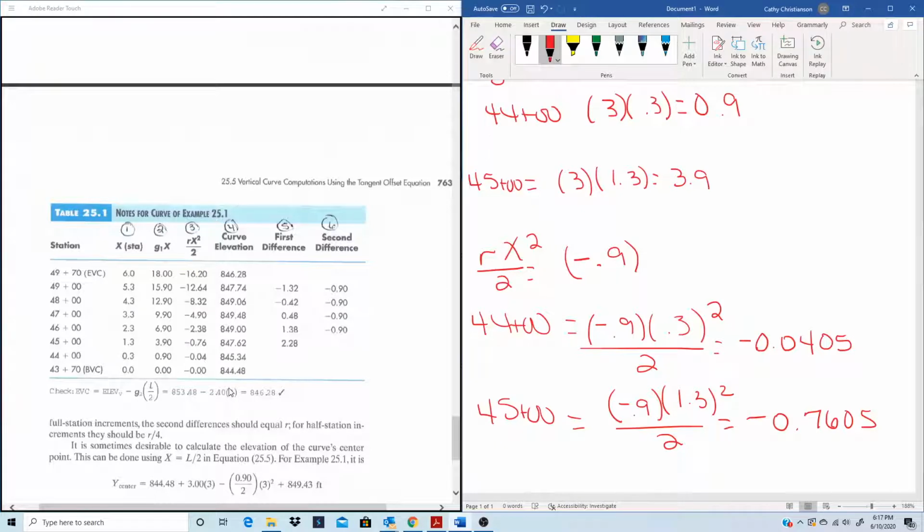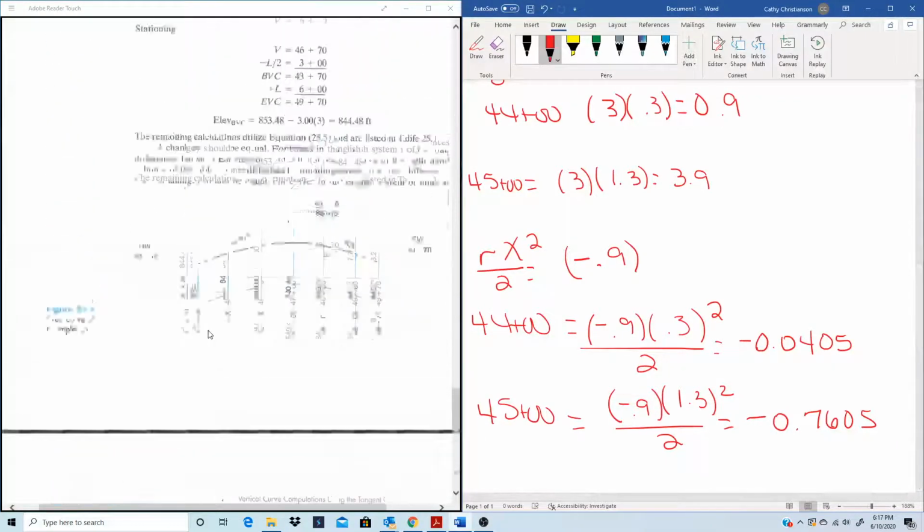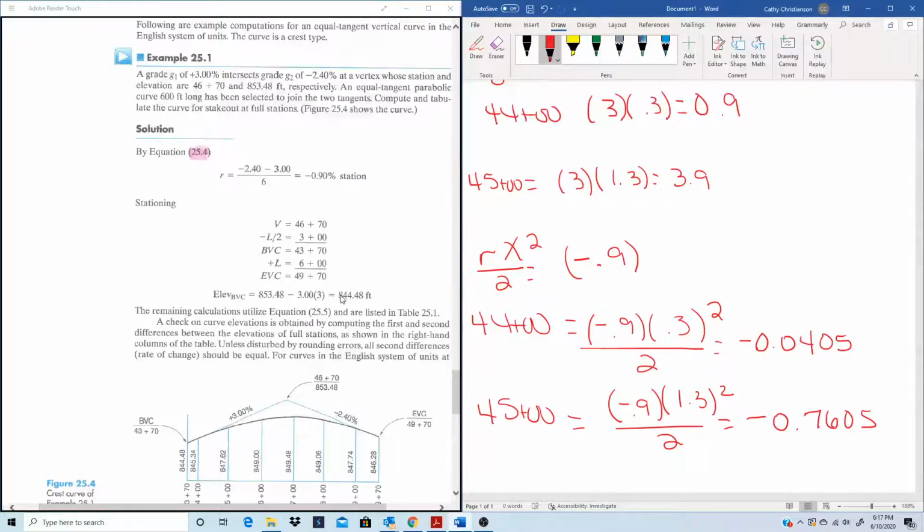And then the last one is the curve elevations. So I'm going to go back and show you this one equation in just a minute. So we've got the beginning vertical curve was 344.48. And we solved that right here, 344.48.